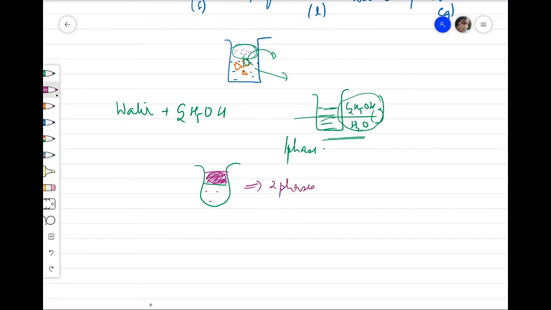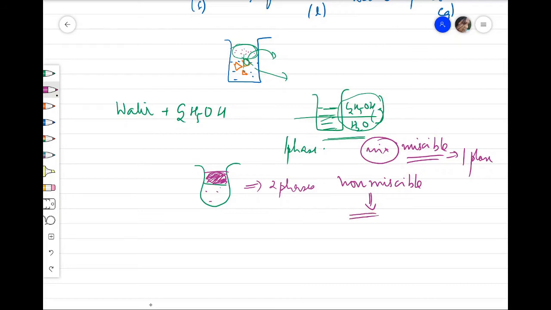So if two liquids are miscible, they will exist in one phase. If they are non-miscible, we will have different phases, depending on the number of components and how many layers we get, that many phases.